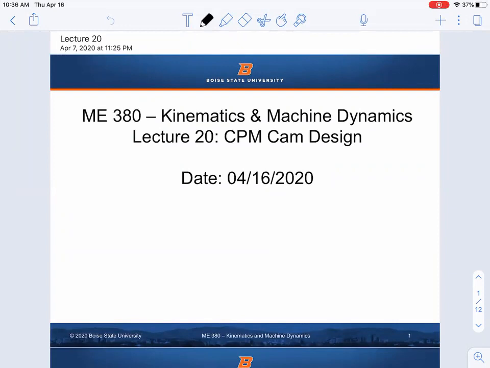So let's refresh our minds. Last time I mentioned we are talking about 3 different domains. We have t, theta, and x. Between the time and theta domains, theta is the angle of your cam.